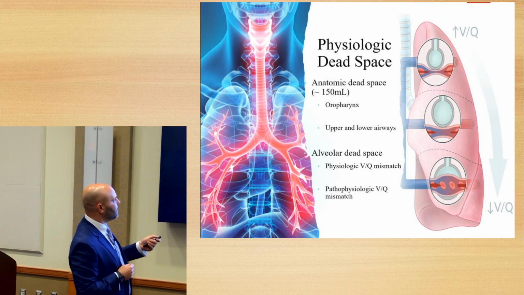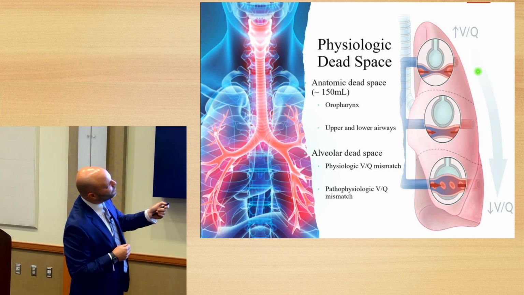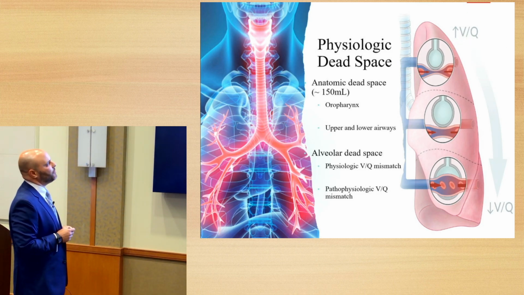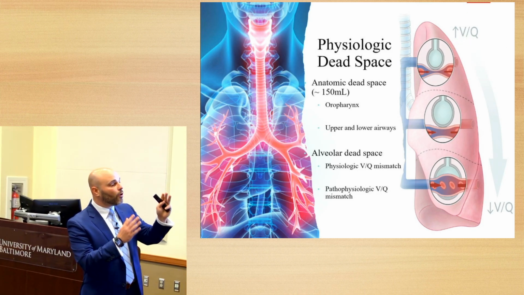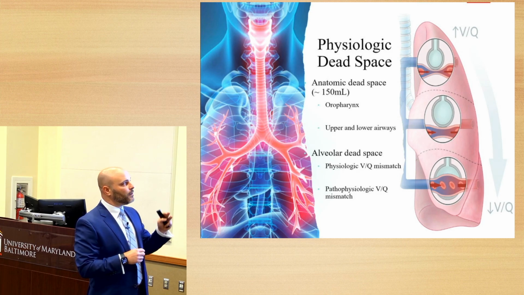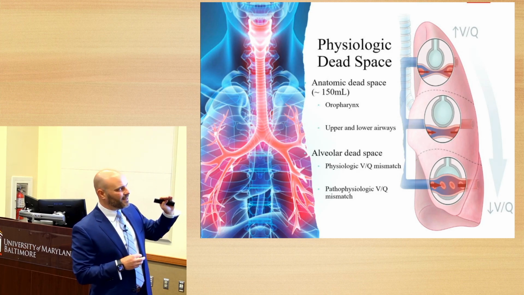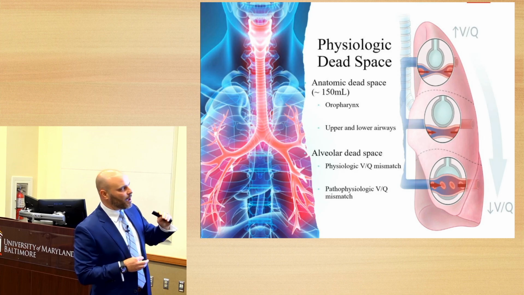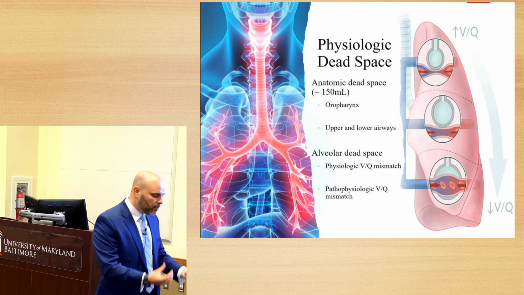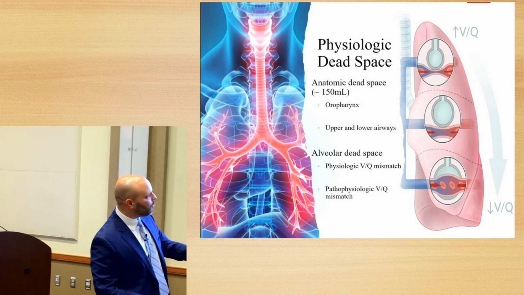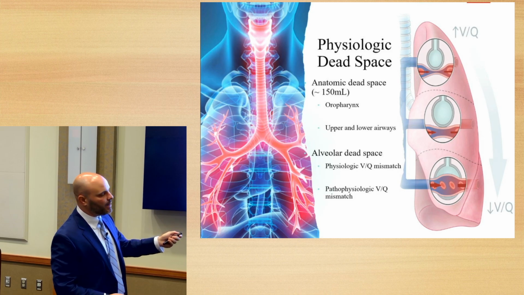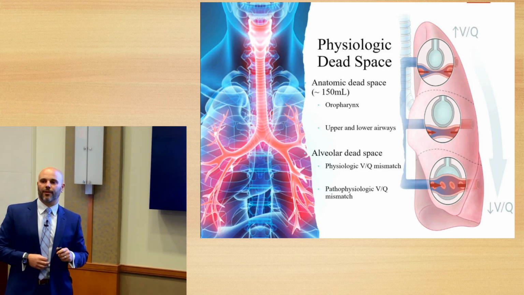And then physiologic VQ mismatch, ventilation-perfusion mismatch, goes across the entire lung space. It's divided into different zones. Ventilation and perfusion are highest at the apex, where gravity will pull blood flow to the lower portions of the lung and maximize our ventilation-perfusion ratio.